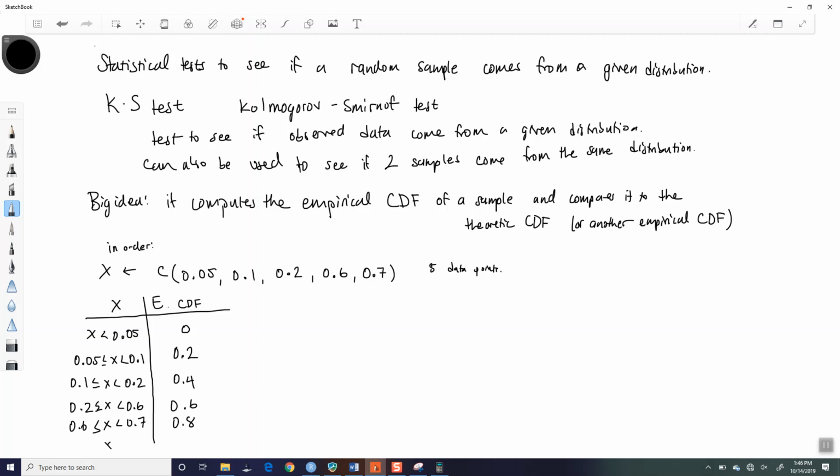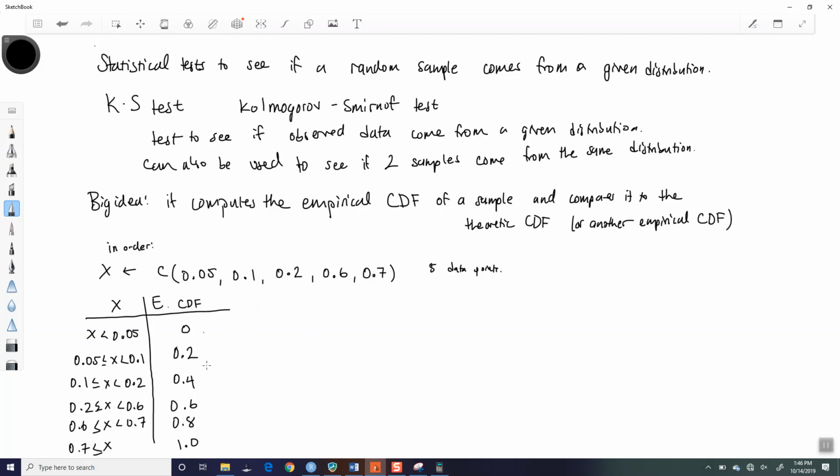And if x comes in bigger than 0.7, we have an empirical CDF of 1. Okay? Because at 0.8, we'd be at the 100th percentile.